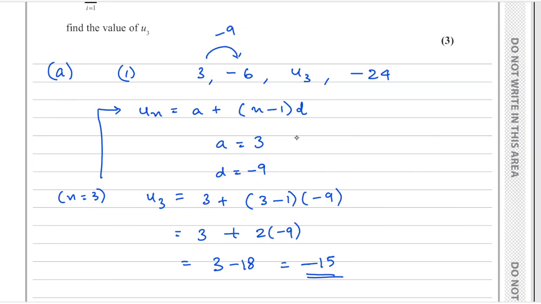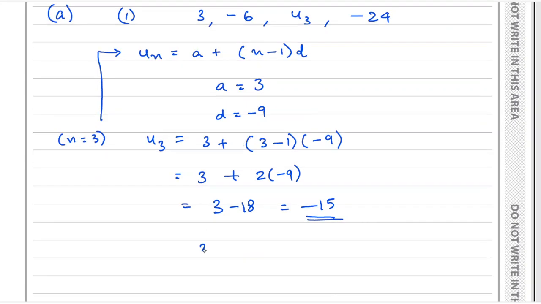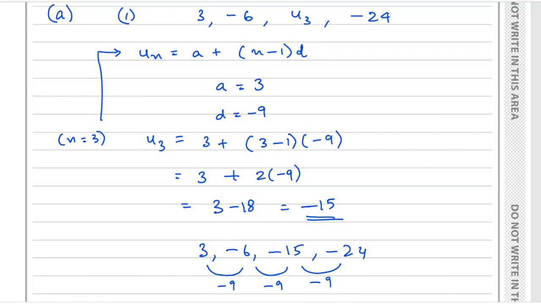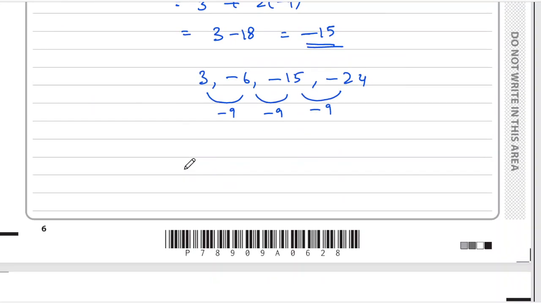If I put negative 15 for the third term, this is consistent, because when we subtract 9 we get the next term, again the correct term, again the correct term. So this can be arithmetic. There is nothing wrong in saying that this sequence is an arithmetic sequence.